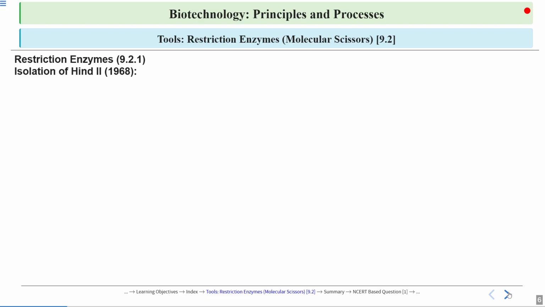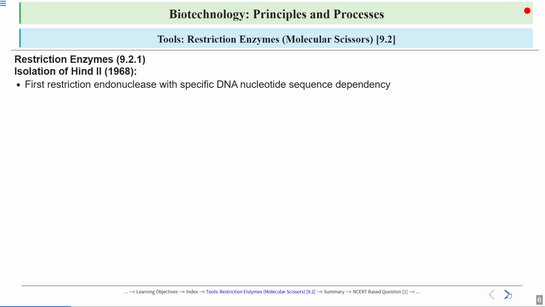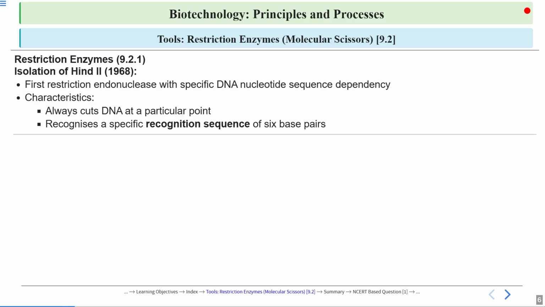After this, they got to know that there is an enzyme responsible for cutting the DNA. They isolated the first restriction endonuclease, that is Hind II, in 1968. They found that this endonuclease has some important characteristics.